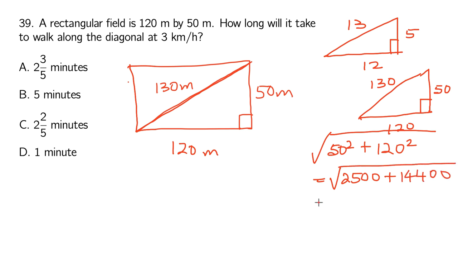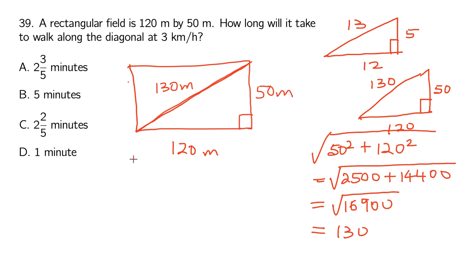You can use your calculator to do all of this. The sum is 16900. And when you calculate this, you're going to get 130. But again, if you know this, you don't have to do any of these calculations. You just know immediately that this is 130 meters.